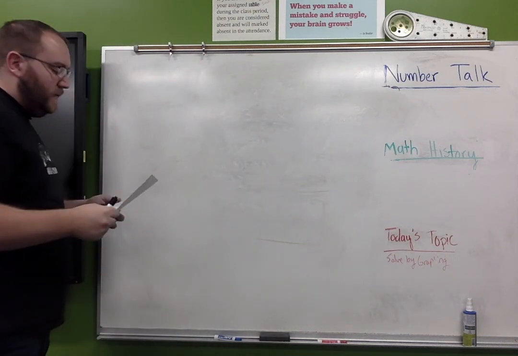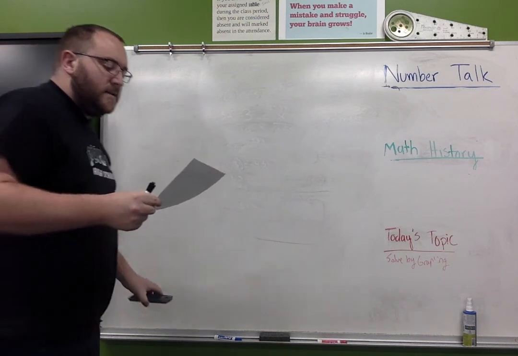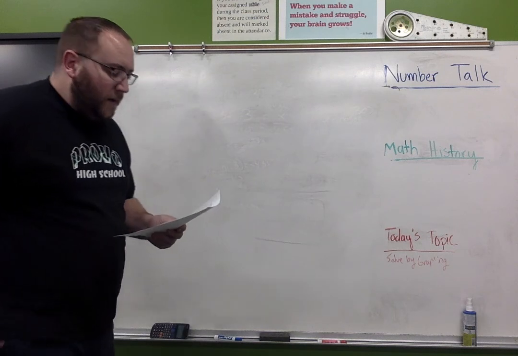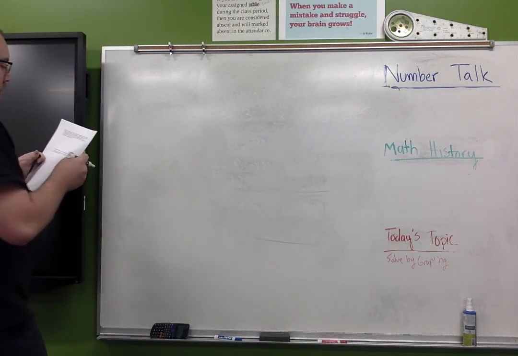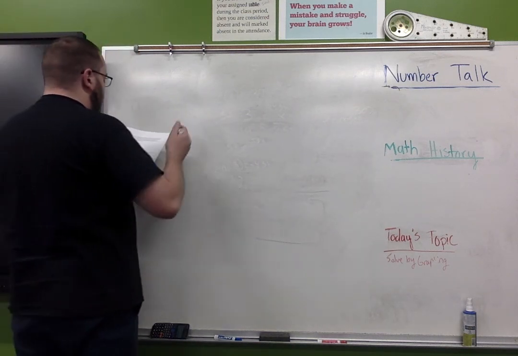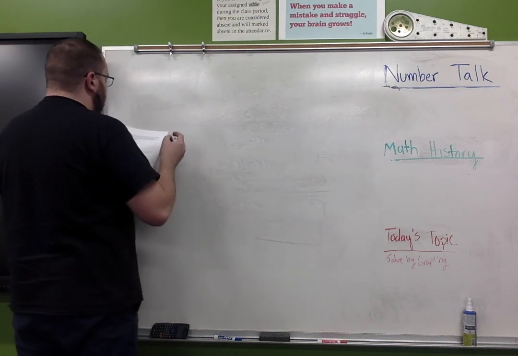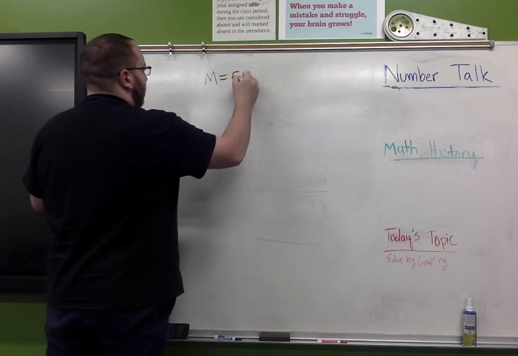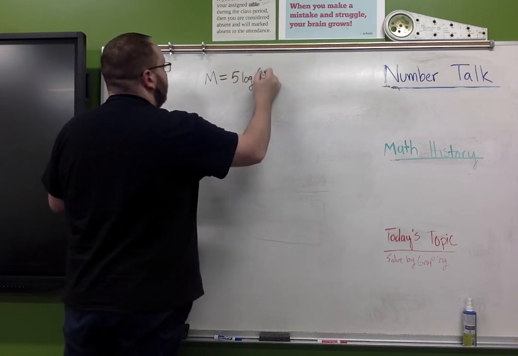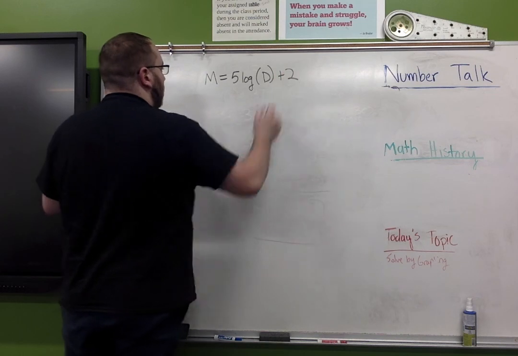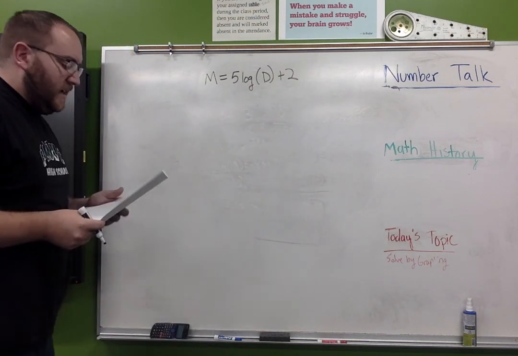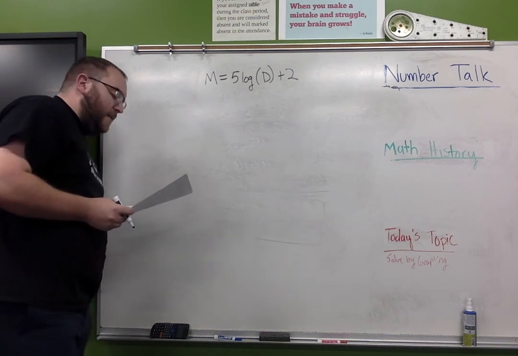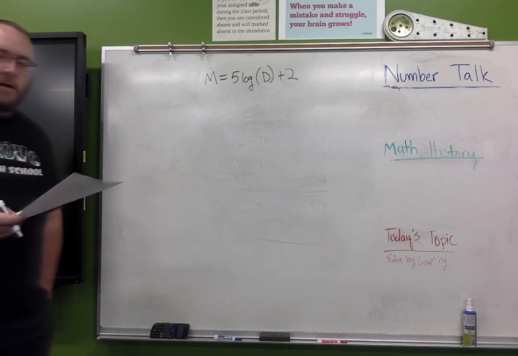The apparent magnitude of a star is a measure of the brightness of the star as it appears to observers on Earth. The apparent magnitude M of the dimmest star that can be seen with a telescope is M equals 5 times the common log of D plus 2, where D is the diameter in millimeters of the telescope's objective lens, and M is the apparent magnitude, how bright the star appears to us.